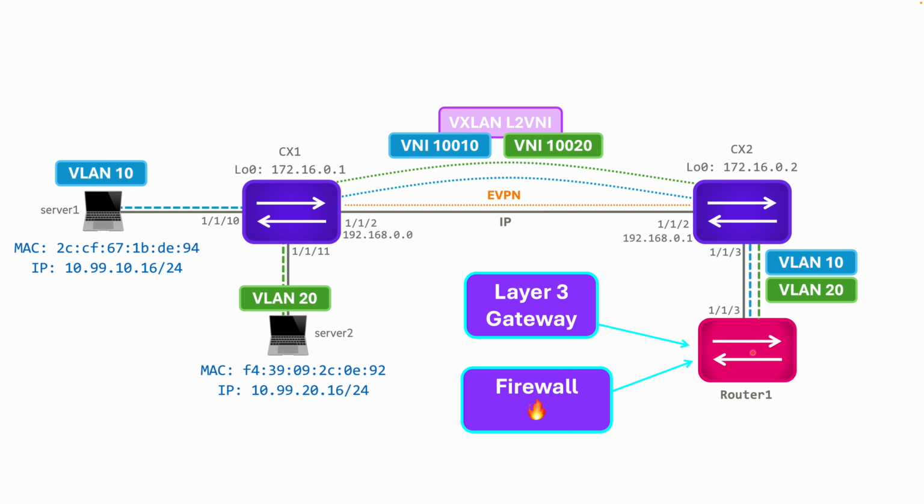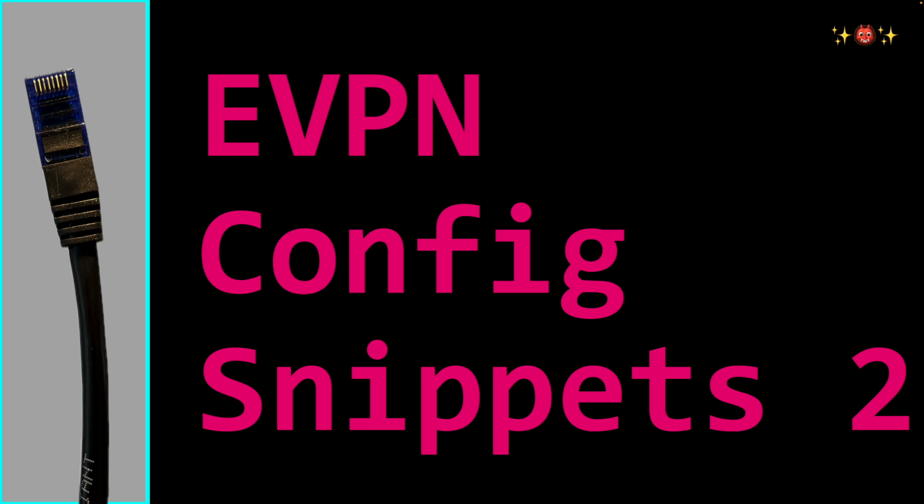I'm not going to be doing security here, but this essentially shows you the IP connectivity options for getting that traffic to the centralized point. Of course, it's not the most efficient, because as you can see, server 1 and server 2 are sat on the same switch, but they would need to traverse this core to get between each other.